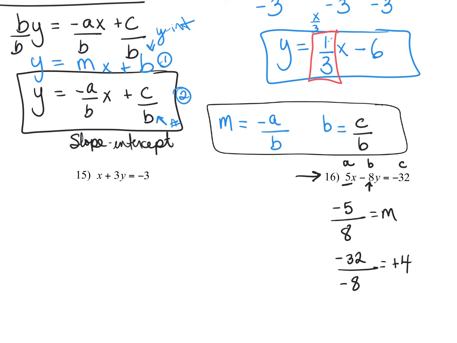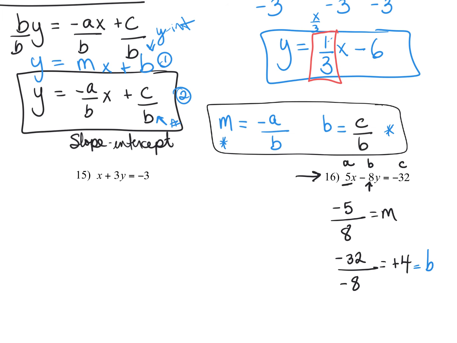So 4 would be my y-intercept. So these little formulas can allow you to determine what the slope and y-intercept are without having to solve for y.